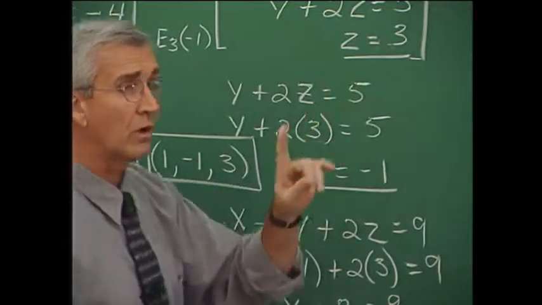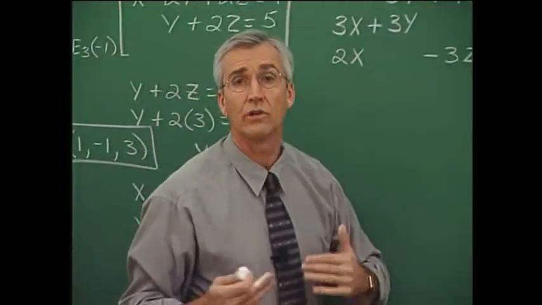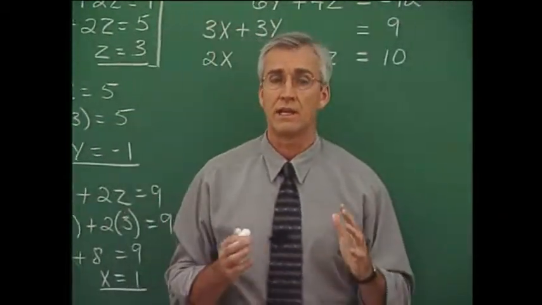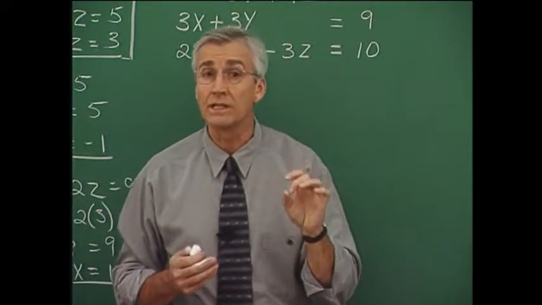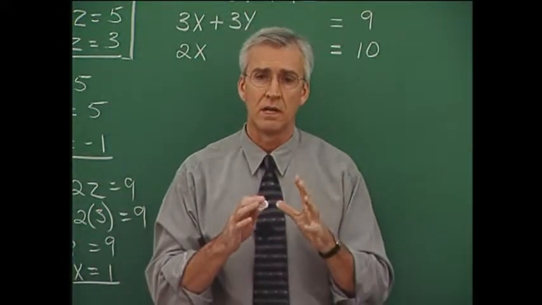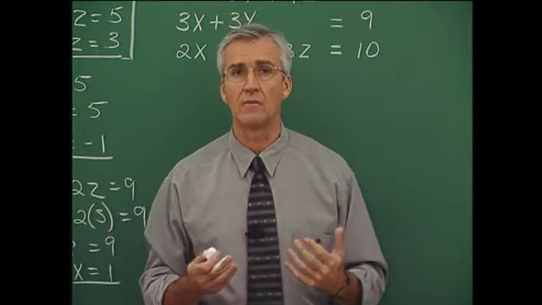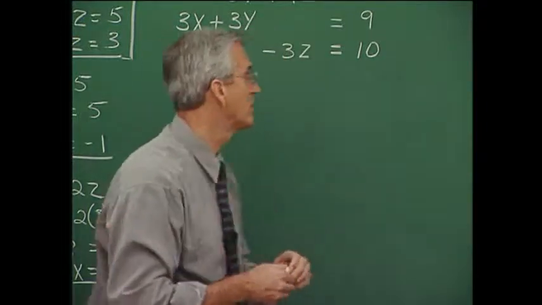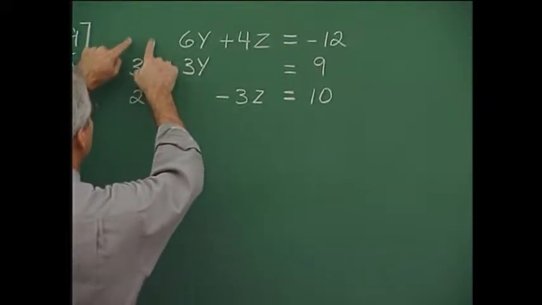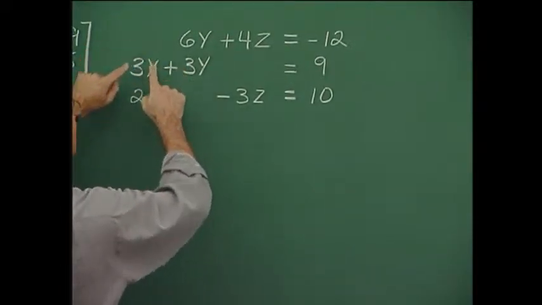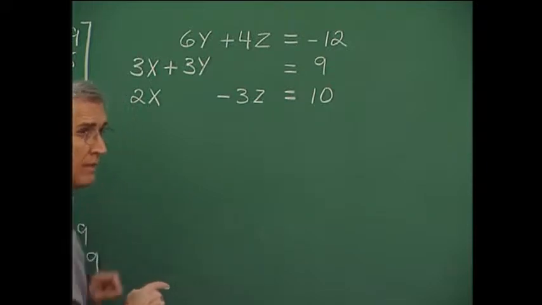Here's another system. We're going through the process again, and I want to show you a couple of the nuances that can occur here. There are some manipulative tricks that are used in this environment, and we'll see a couple of those here. All right, let's see. We'd like to cause the leading coefficient up here to be a 1.